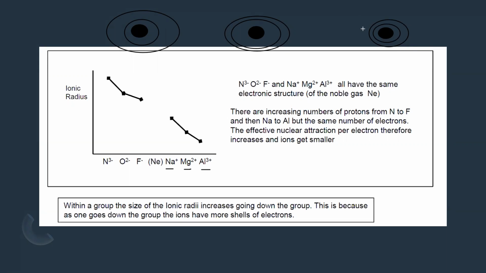So when you compare, for sodium, 11 protons are attracting 8 electrons in the second shell. For magnesium, 12 protons are attracting 8 electrons in the outermost shell.